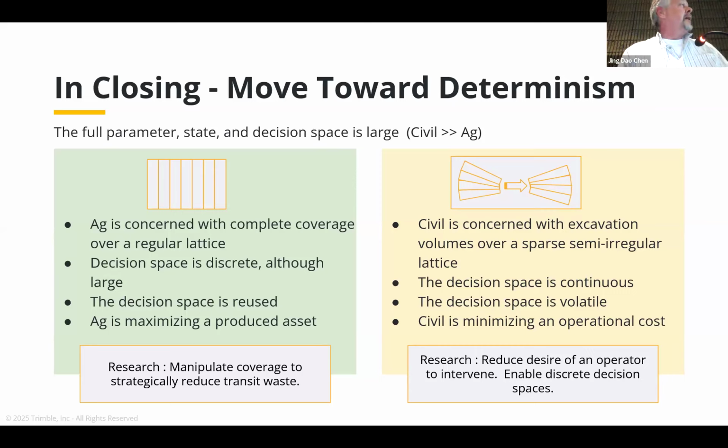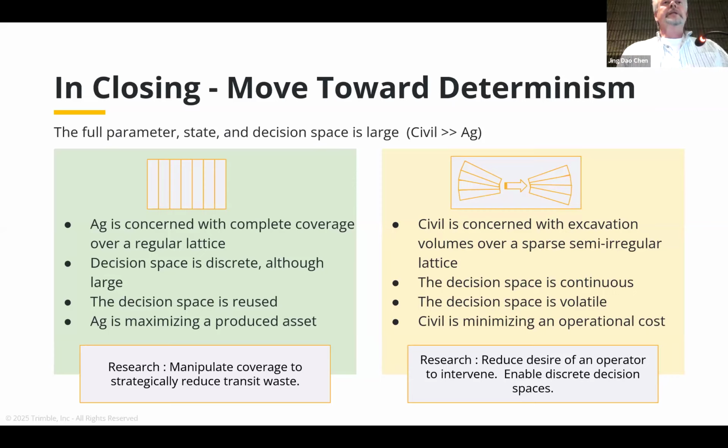The decision space in agriculture is discrete. I showed you a little bit of that in the examples. The decision space in civil is continuous. Well, it's continuous today, although I posit that we need to shift that into a discrete space. The advantage in ag is the decision space is also reused and reusable.